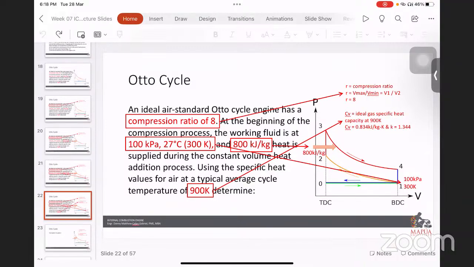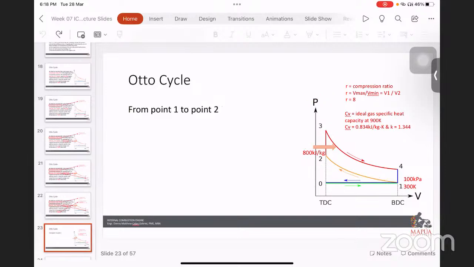So based on ideal gas specific heat capacity, CV, at 900K. So search natin yan si Google at 900K, ano yung ideal gas specific heat value, which would give us 1.344. So with this given, we were able to compute, ano ba hinahanap niya? We will be able to compute the temperature and pressure of air at each process.